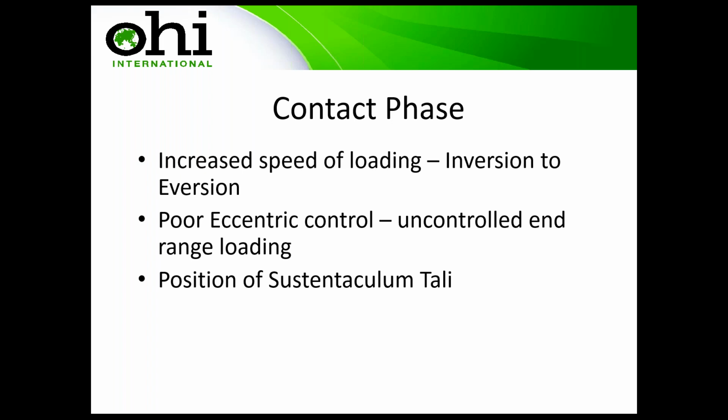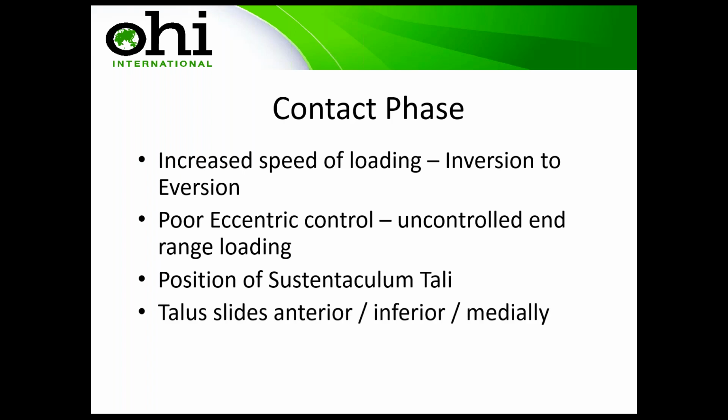It also means that the sustentaculum tali rolls, and in turn then allows the talus to slide off the top of the sustentaculum tali, which is at the side of the calcaneum. So it slides anterior, inferior, and medially. It's a bit like a man sitting on a saddle on a horse's back. If the saddle slides medially, the man on top slides medially as well.